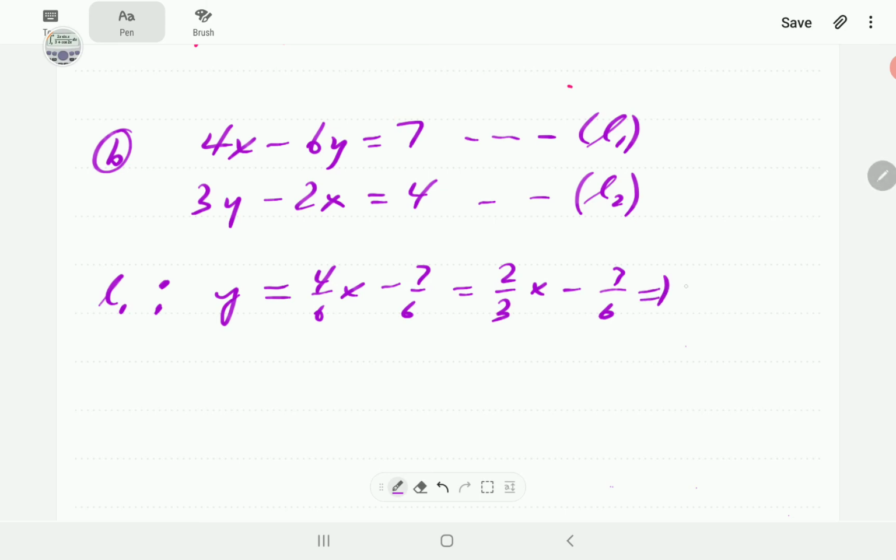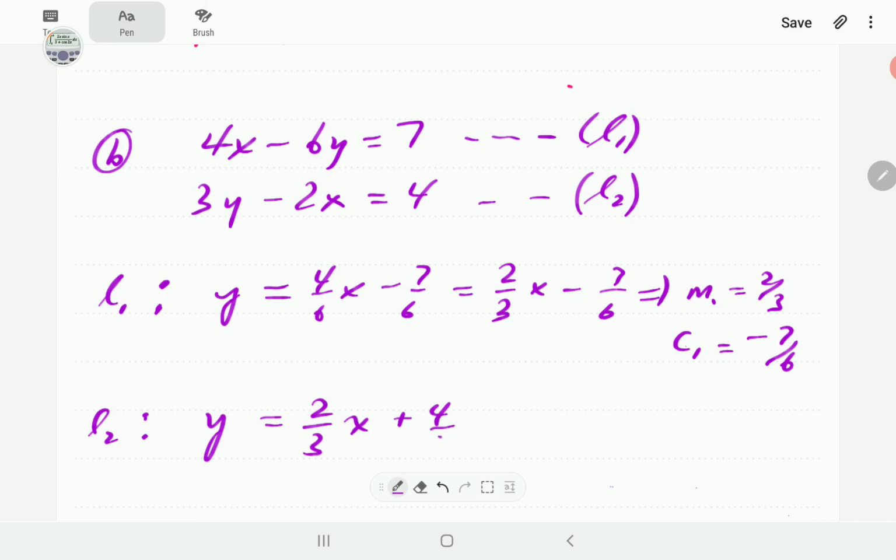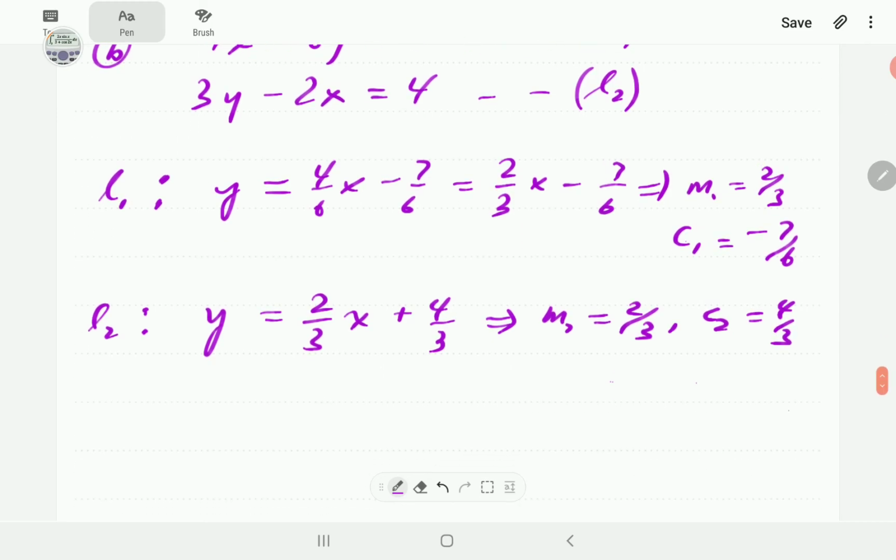So that means M1 is 2/3 and C1 is negative 7 over 6. Then we do the same thing for L2. So in that case, we're going to have y equals 2/3 x plus 4 over 3. So that means M2 is 2/3 and C2 is 4/3.